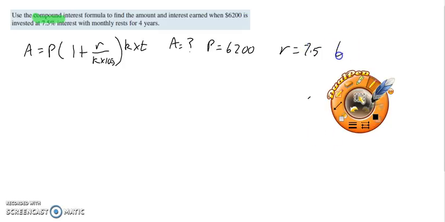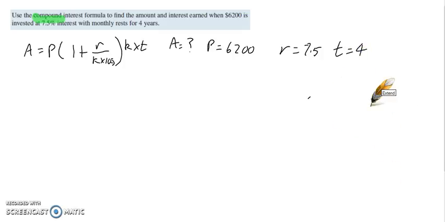And time is 4 years. So we can fill that formula in. 6,200 times 1 plus 7.5 over... Now, sorry, I haven't written down what K equals. In this question, it says monthly rests, so K will be equal to 12.